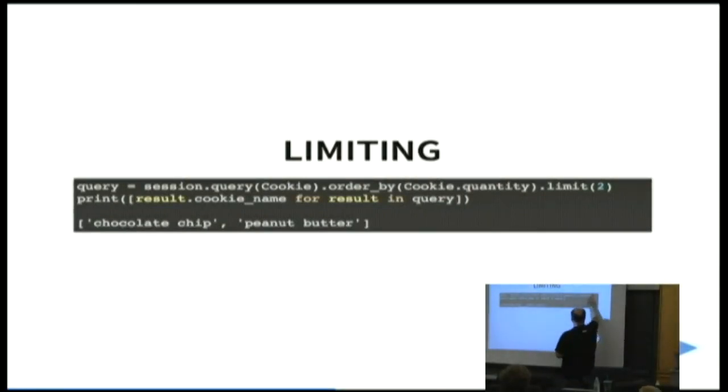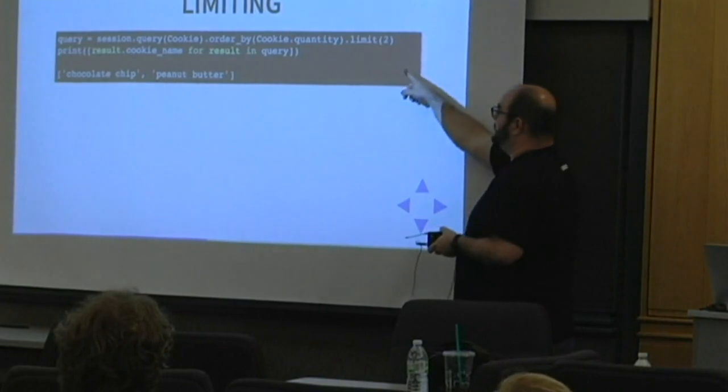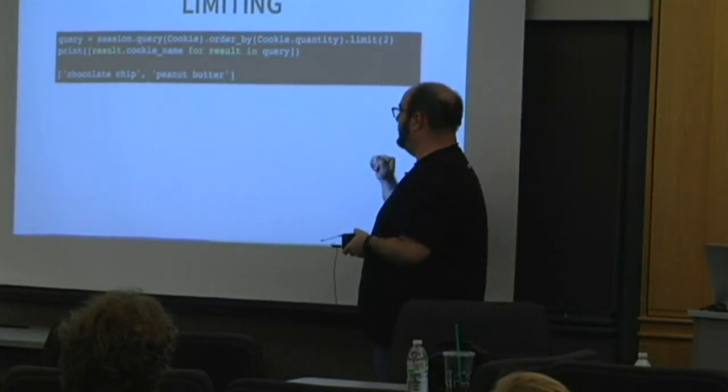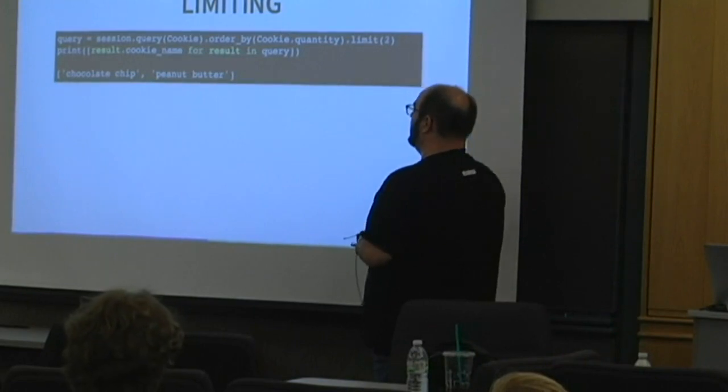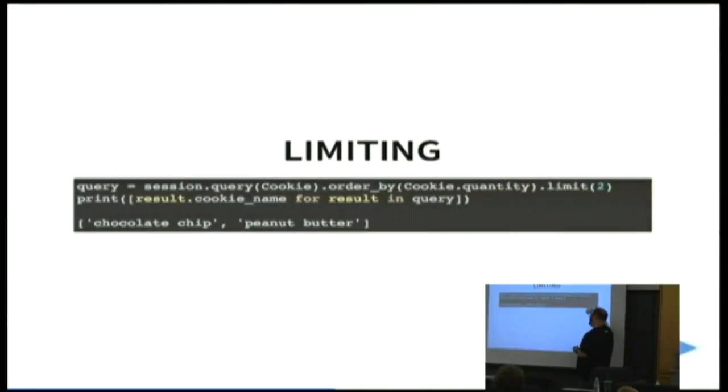Notice something interesting about this. There's no all, there's no first, there's none of that, right? In fact, I actually just stored this query in a query variable. If I was to string this, it would actually print out the SQL for that statement. So if you're debugging something in SQLAlchemy and you want to look at it, as long as you don't call .all or first or one of the actual execution methods, you can string the query and it will actually print out the SQL that's going to happen.